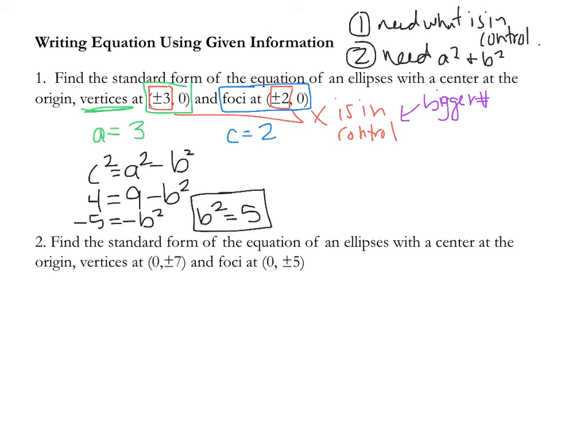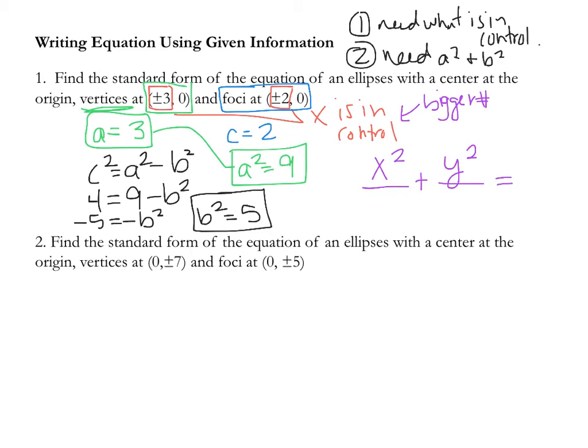And that's really what I need to be able to plug in, so I'm going to leave that as b squared is 5. And then if I go back over here, the other thing I need is a squared. A squared is 9. I'm going to put those together to write my equation. So I'm going to have x squared over something plus y squared over something equals 1. That's just the standard way these are going to look, because these do have centers at the origin, so there's no h and k yet.